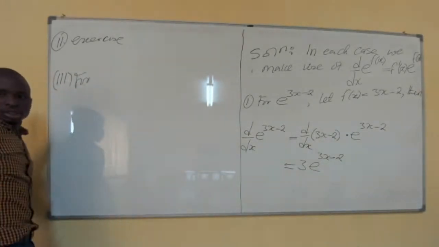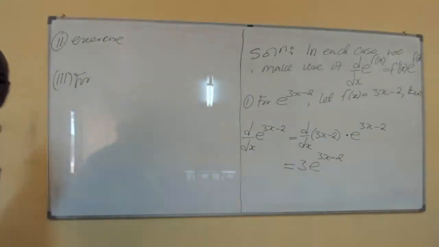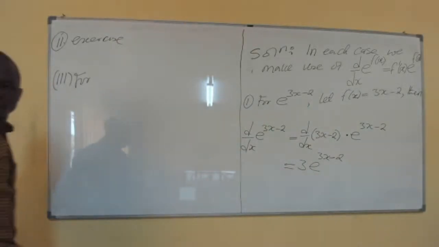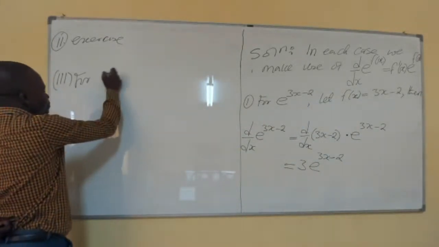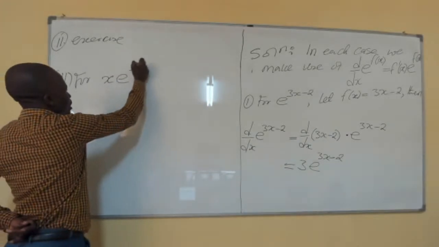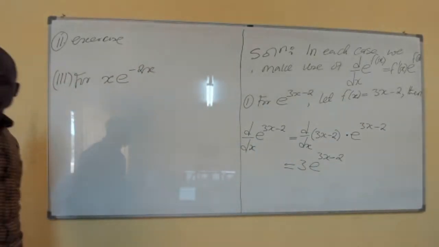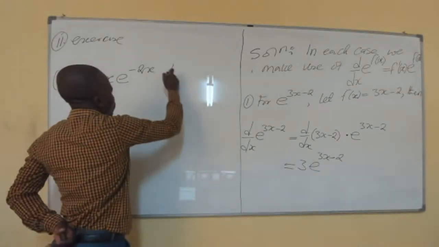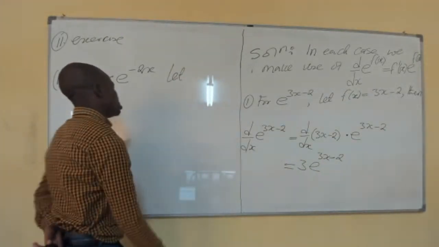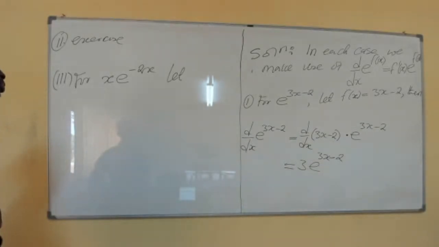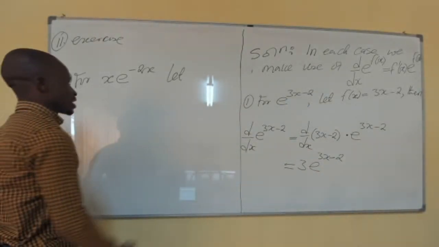So the third one, for the function x e to the power negative 2x. We are supposed to use the product rule.